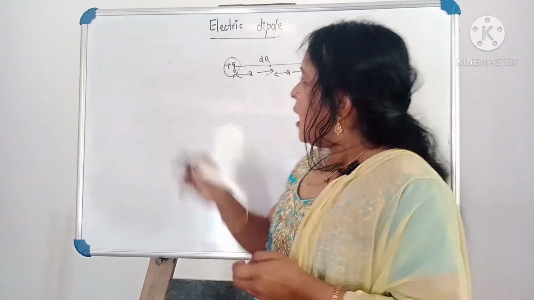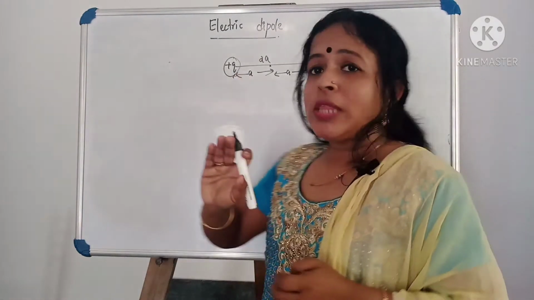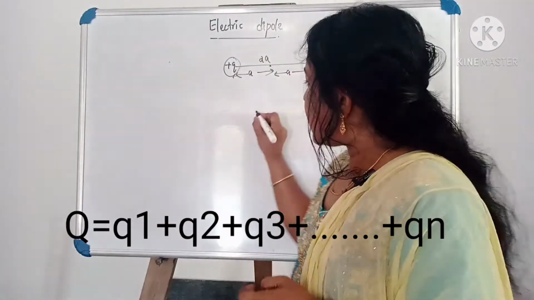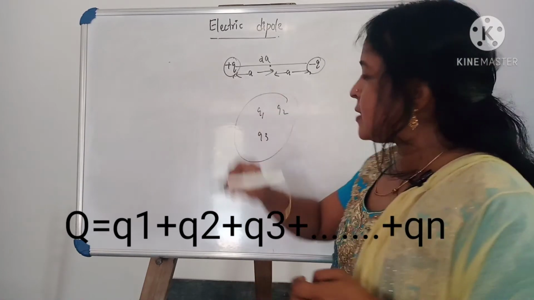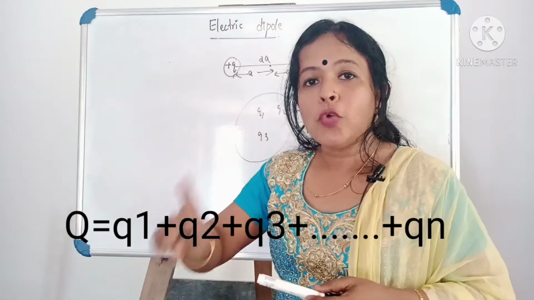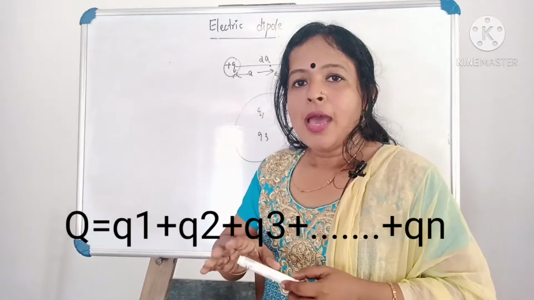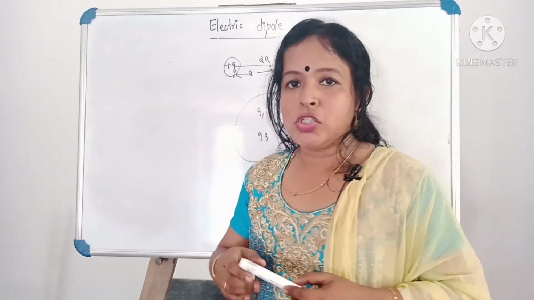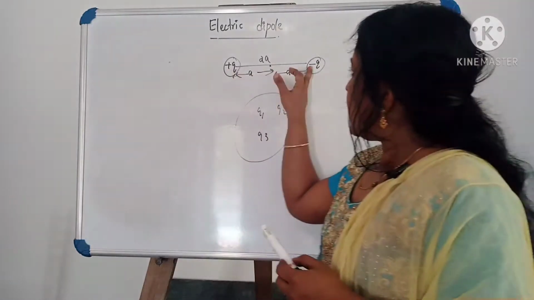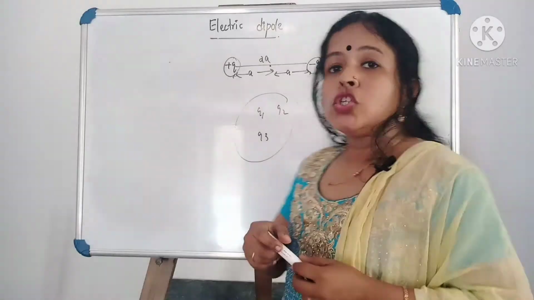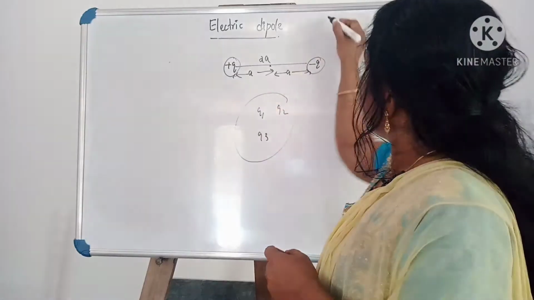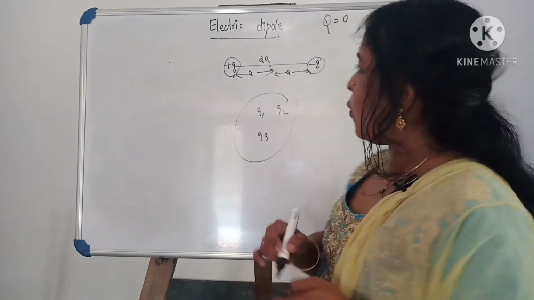According to the additivity of charges, if we consider q1, q2, q3 as the charges in this space, the total charge is equal to q1 plus q2 plus q3, and we have to consider the sign also. So here, one charge is plus and the other is minus, so the total charge is equal to 0.